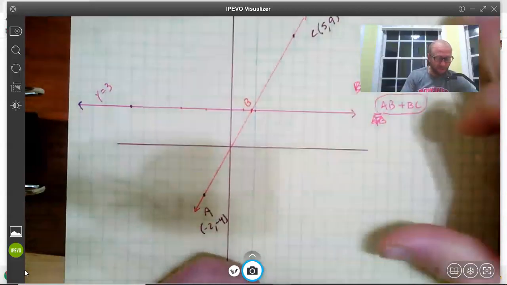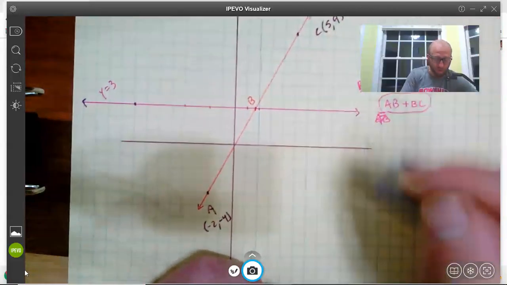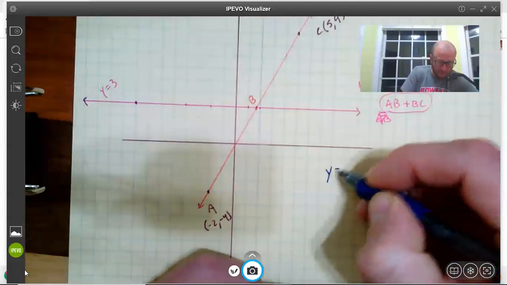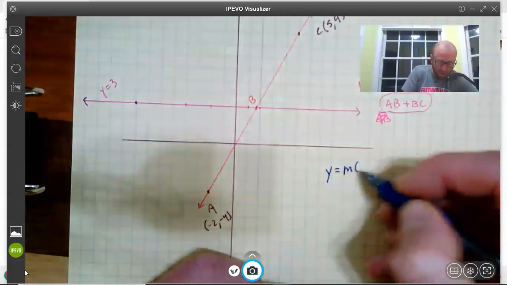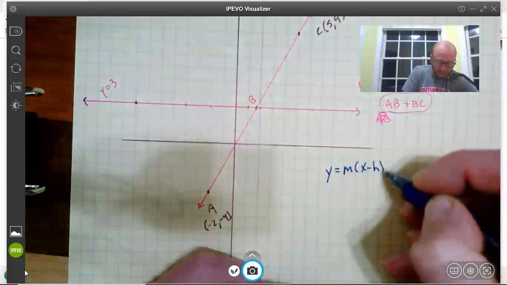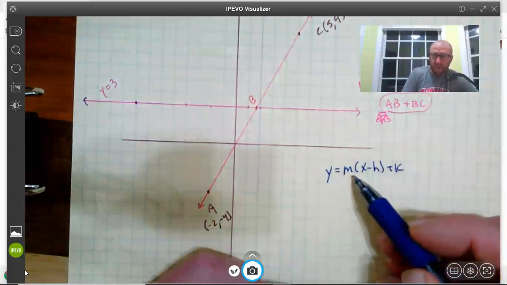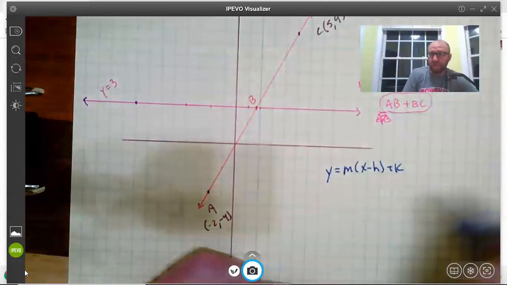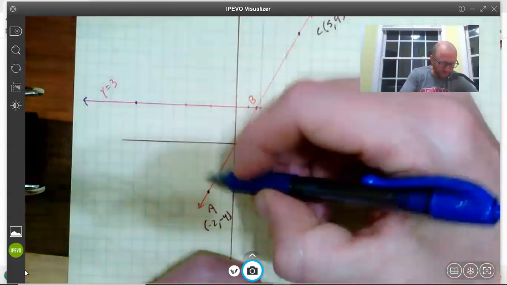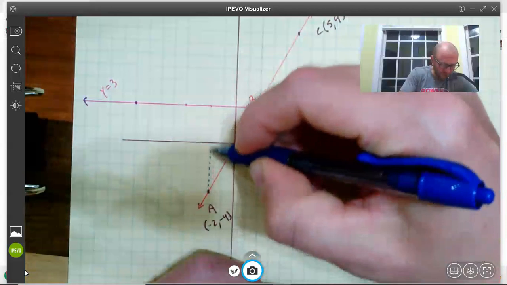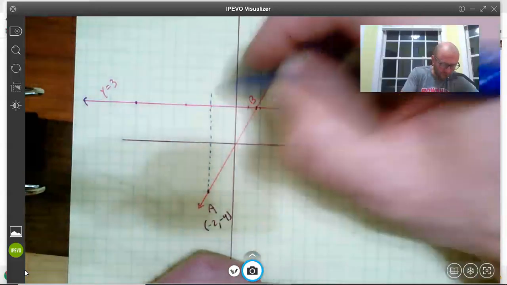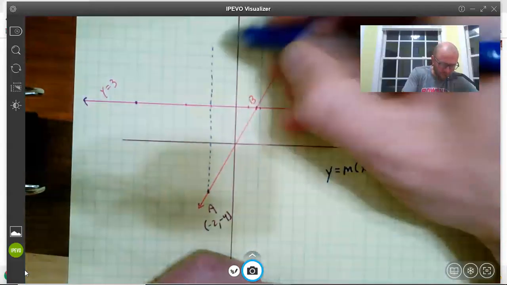This equation is probably going to be best written in point-slope form. So it would be y equals m(x minus h) plus k, where m is the slope of the line, and (h, k) is just some point on the line. And the slope of this line, let's figure out what that is, because we're going to need that anyway.